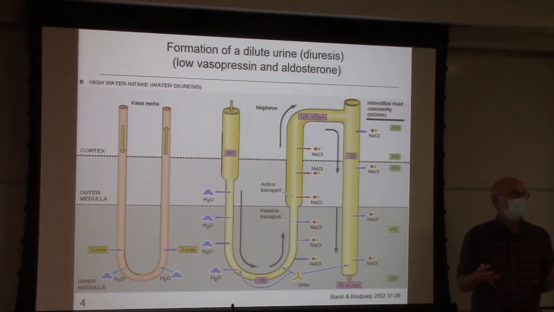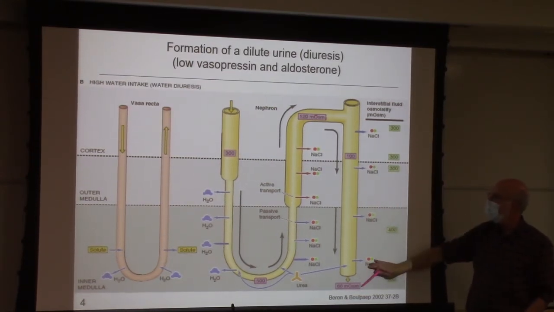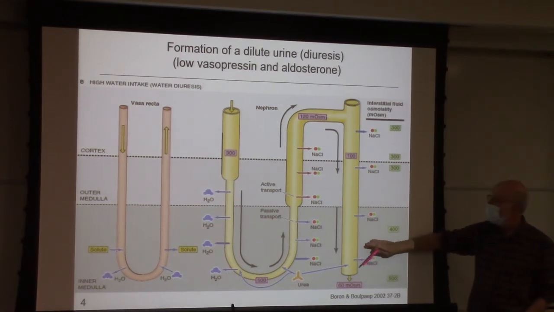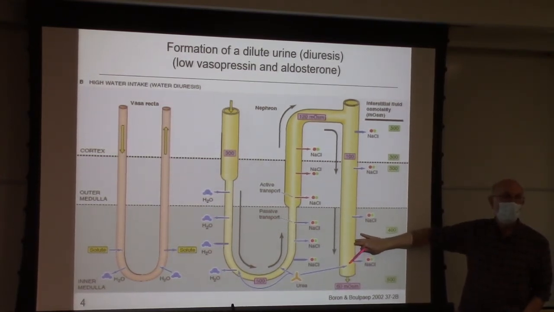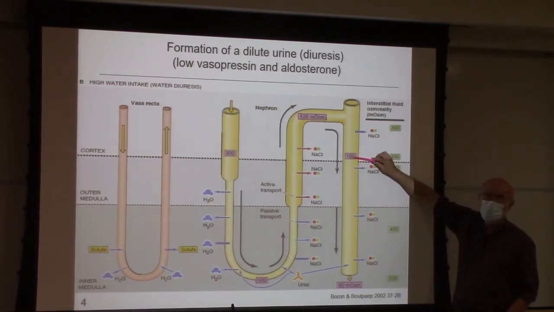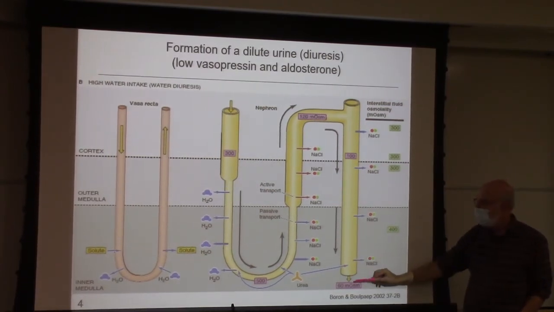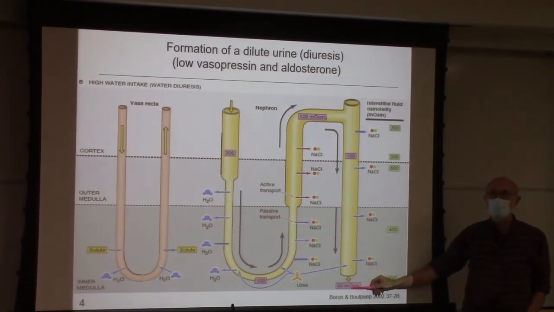It's detecting dilute blood, and it's saying, we don't need any vasopressin out there, and it's not secreting vasopressin. So low vasopressin means low water permeability here. Let's not worry about the fact that it's also transporting salt, but we're not transporting water here. That's the key thing. So a dilute input and no water permeability leads to a dilute output.